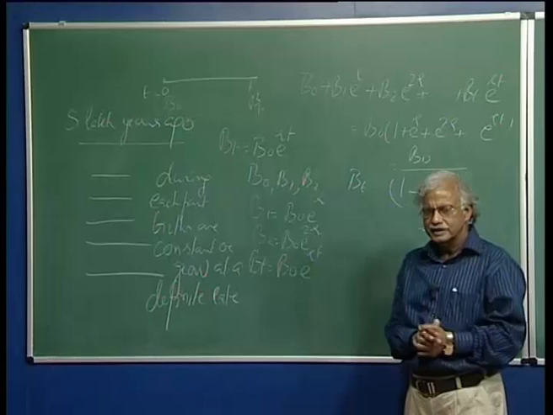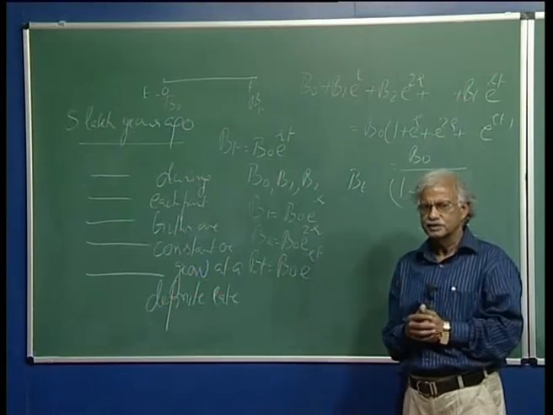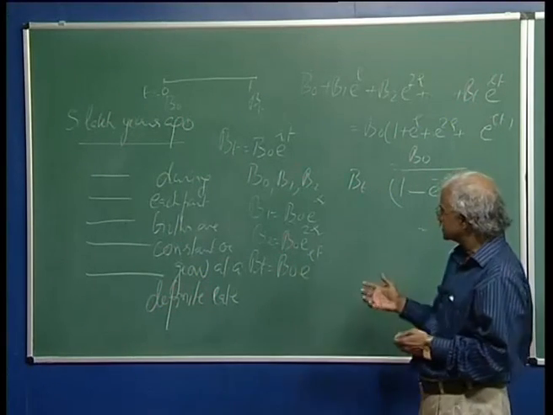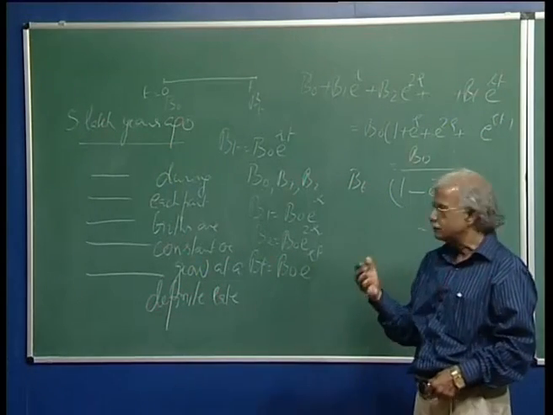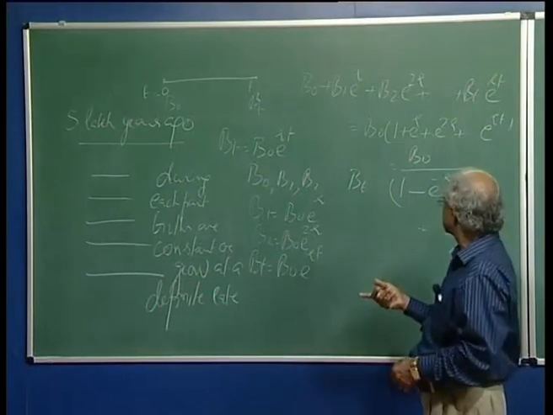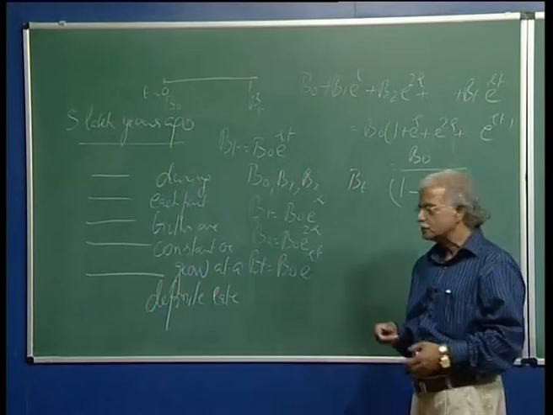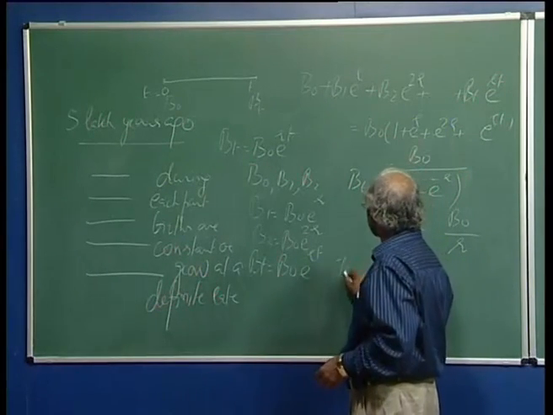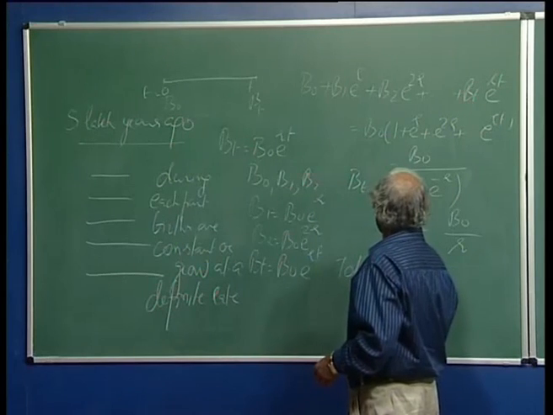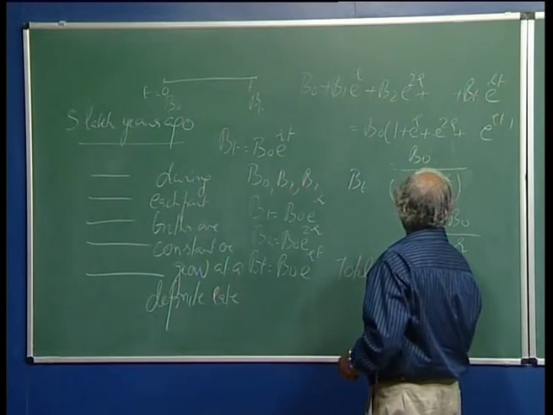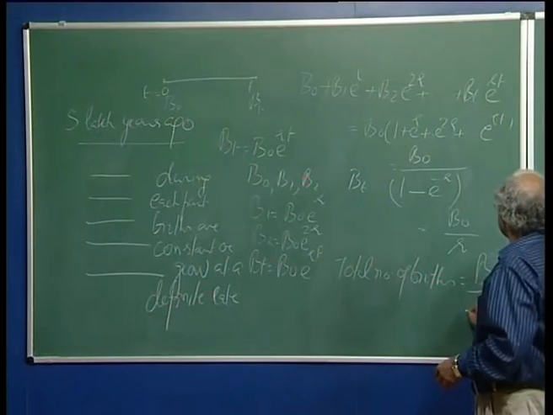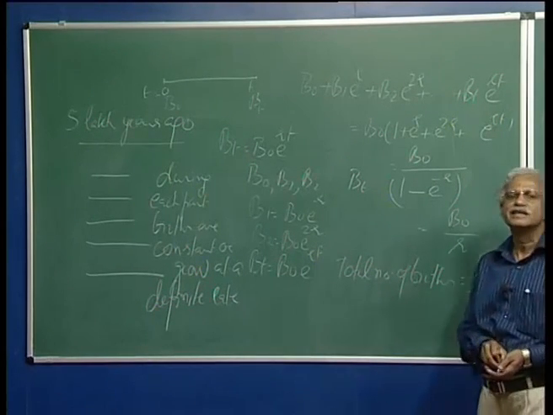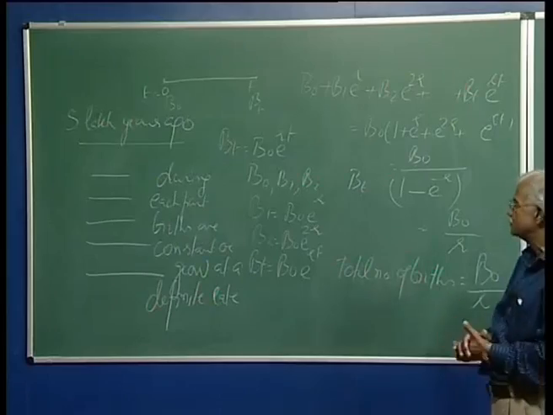Now, that means if we know the rate of growth of births during a certain time period during which the number of births has been increasing exponentially, then the total number of births can be known as b 0 divided by r, births in the beginning of that time period divided by the rate of growth.